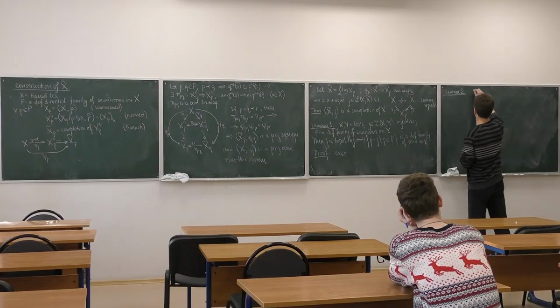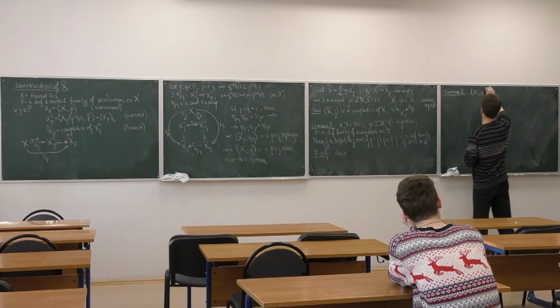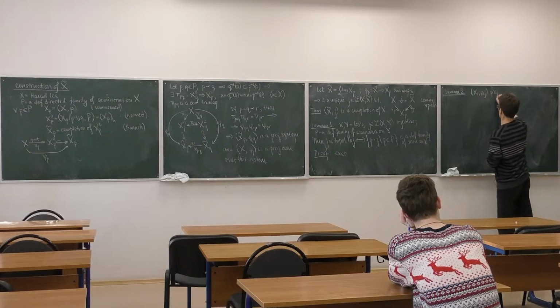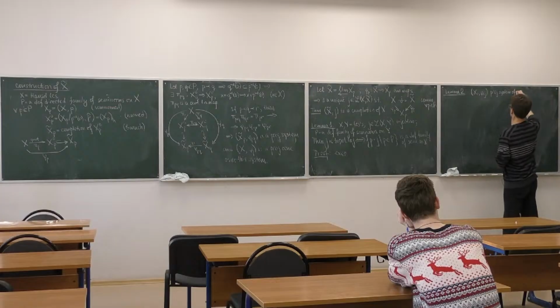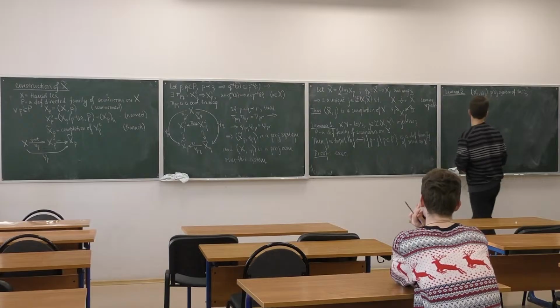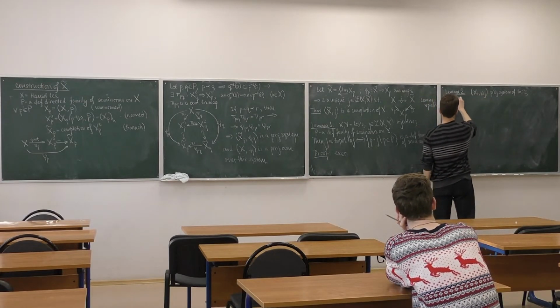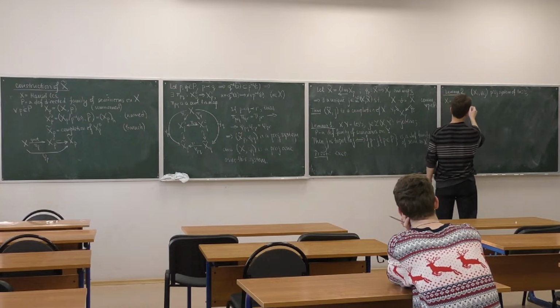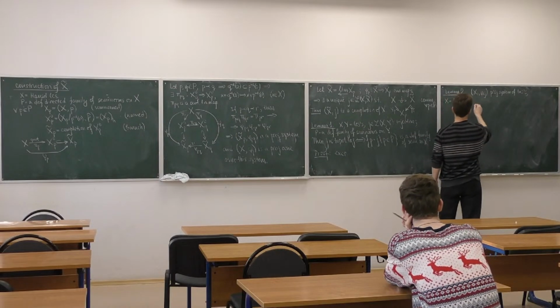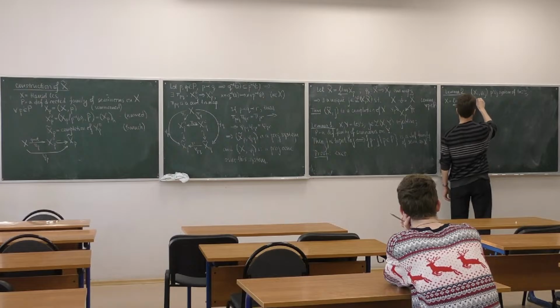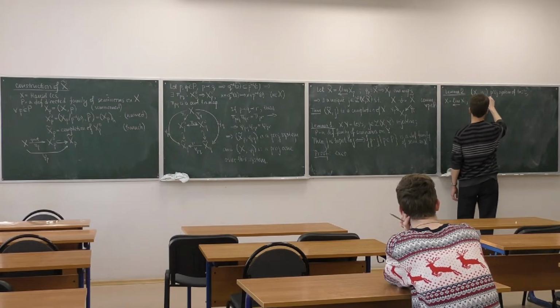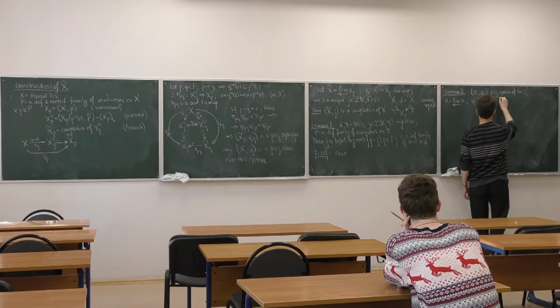Namely, if we have a projective system of topological vector spaces X_i together with the maps phi_ij, let X denote the projective limit of this system, and let phi_i denote the canonical maps from X to X_i.